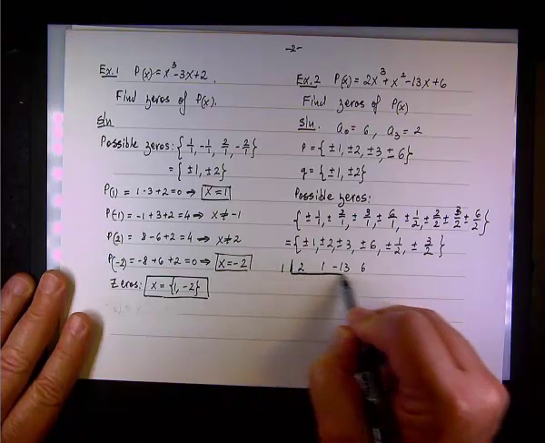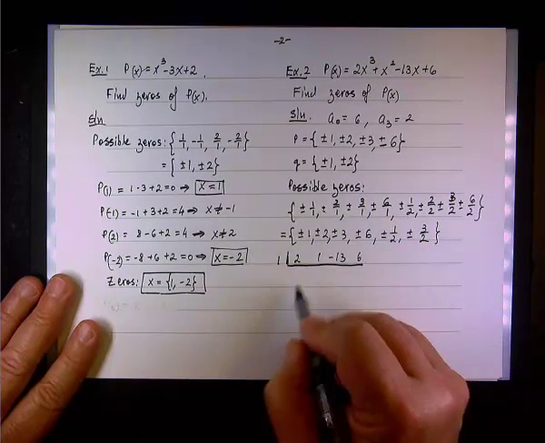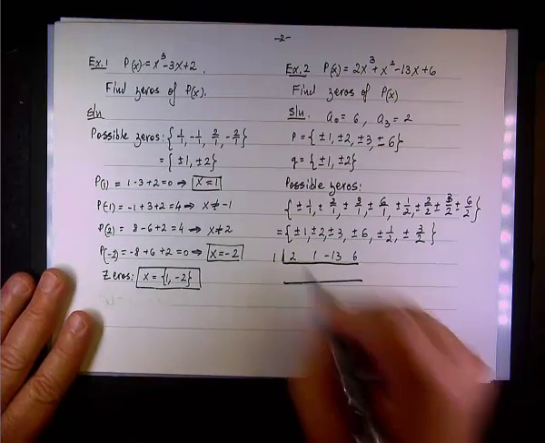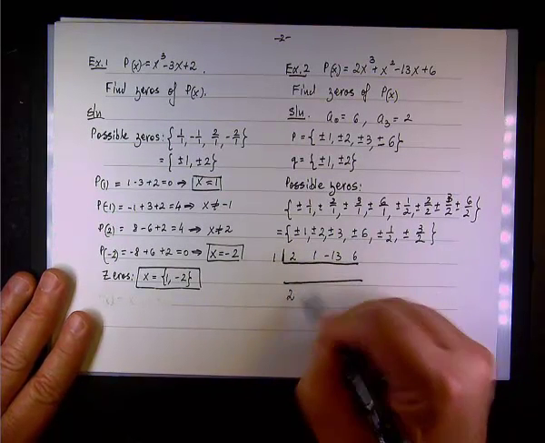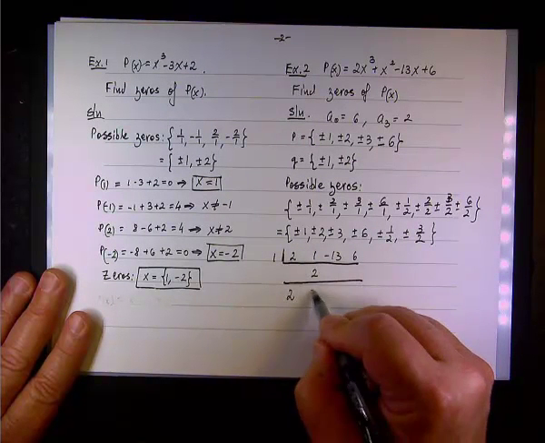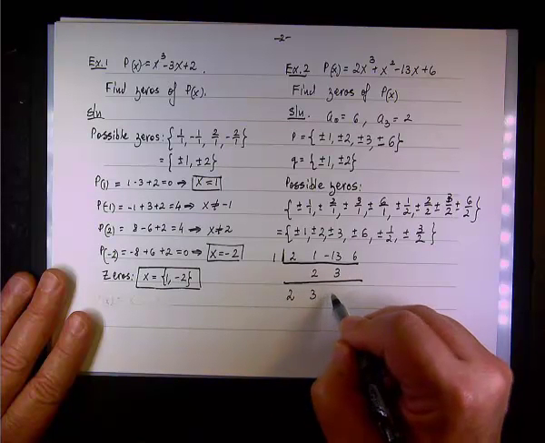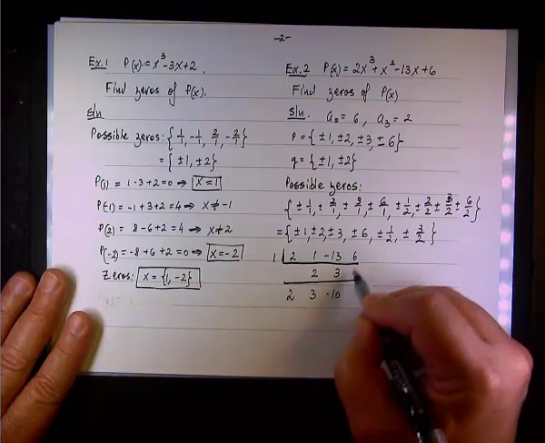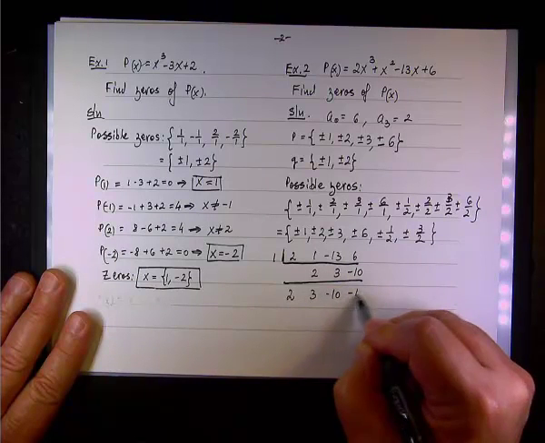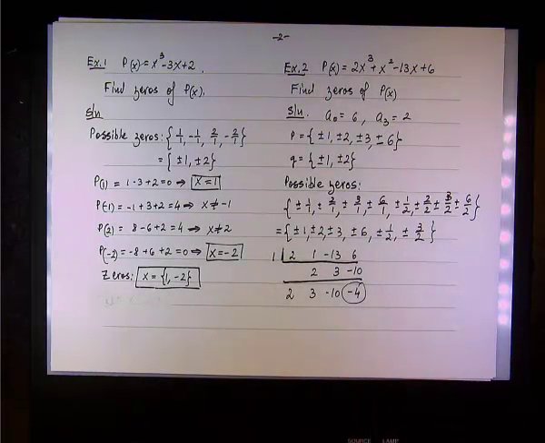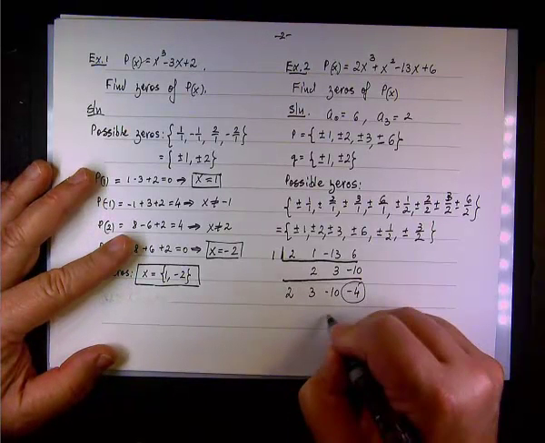So here are the coefficients. I'm going to do synthetic division. So 2, 1, negative 13, and 6 are the coefficients of the dividend. The divisor, I'm going to start with 1. Hopefully 1 is a zero. Drop the 2. 2 times 1 is 2. 1 and 2 is 3. 1 times 3 is 3.